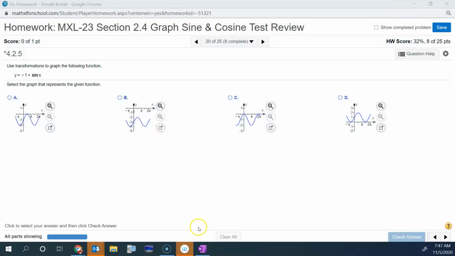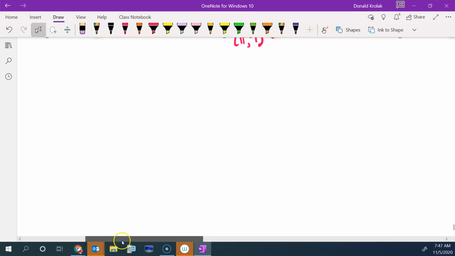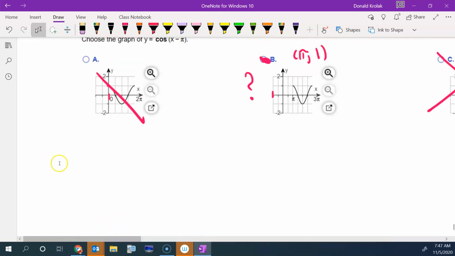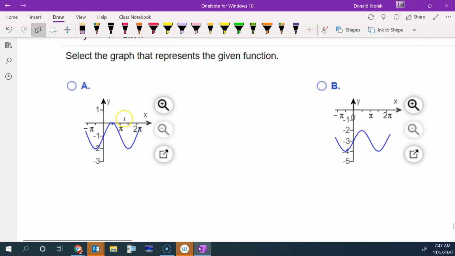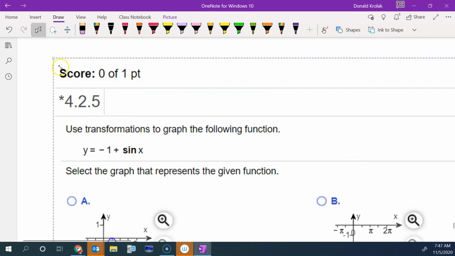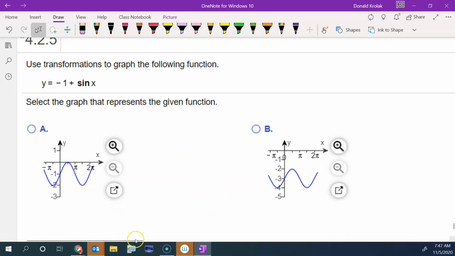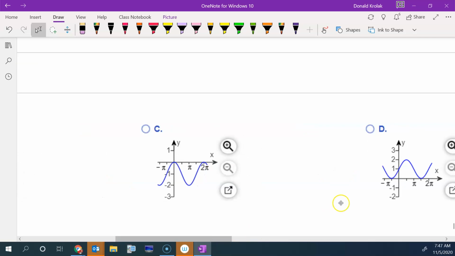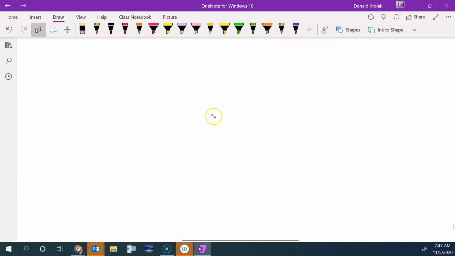What transformation is occurring because of that negative 1 there? Is it stretched vertically, stretched or squeezed horizontally? Is it sliding up, down, or is it sliding right or left? Yep.